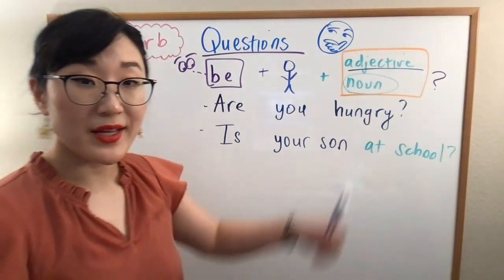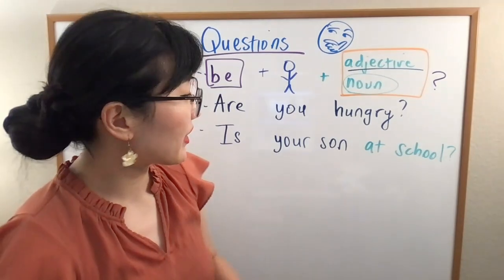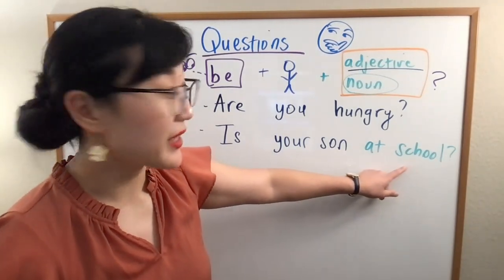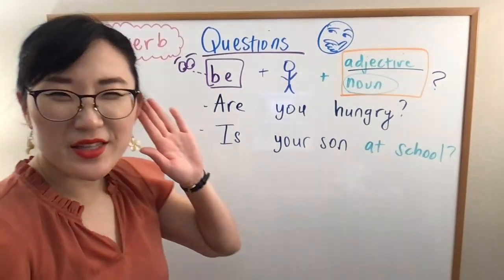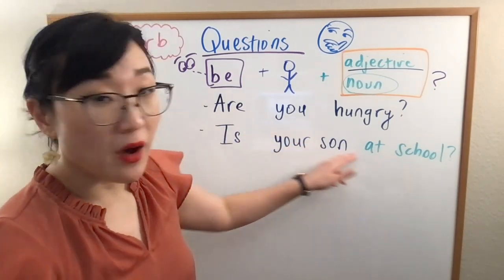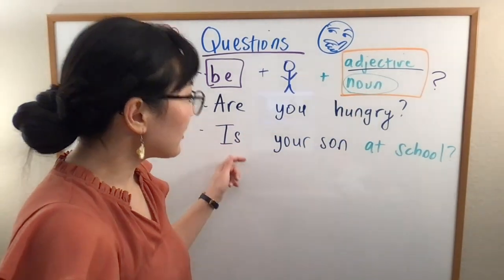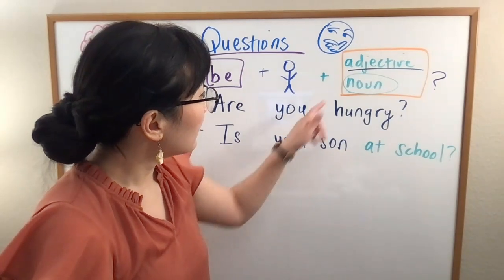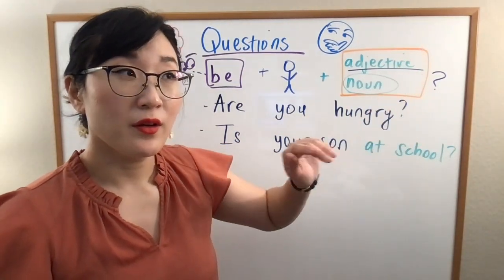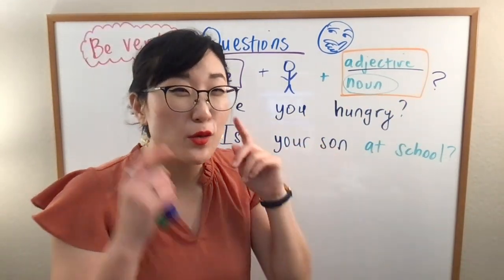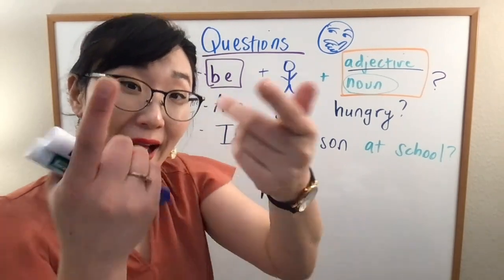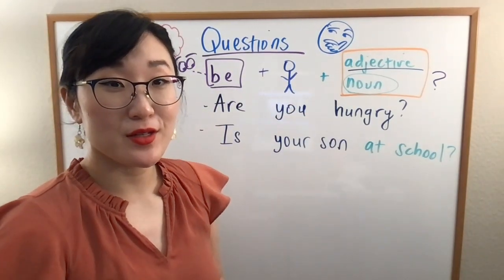Right? A noun is a person, place, or thing. The school is a place. So listen to these questions. Are you hungry? Is your son at school? What do you hear when I ask you these questions?